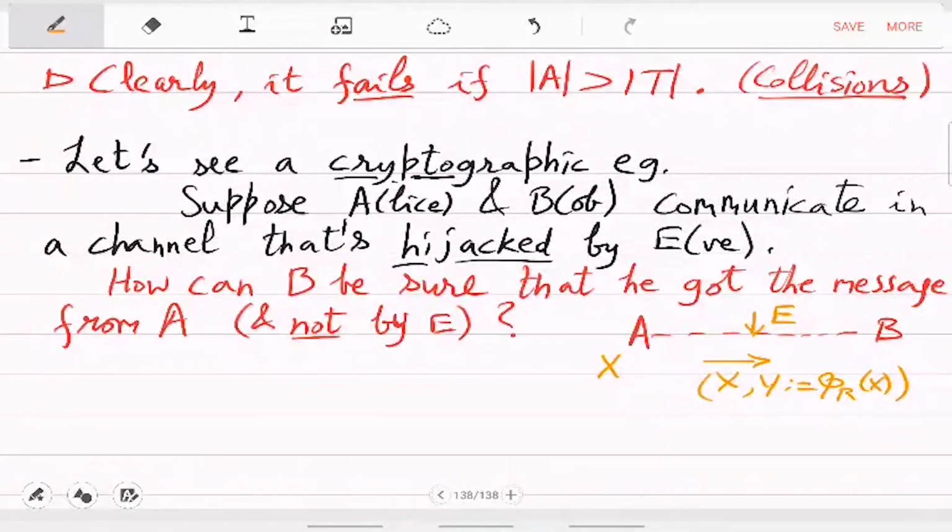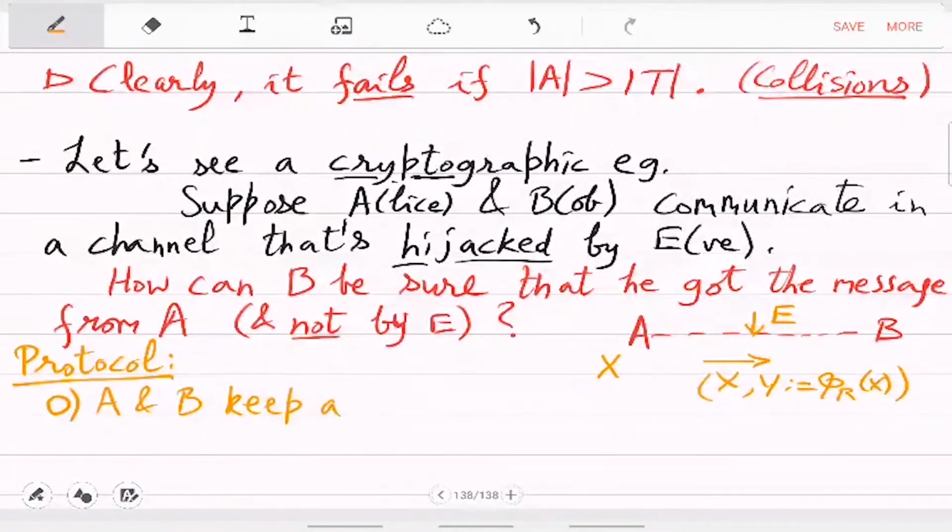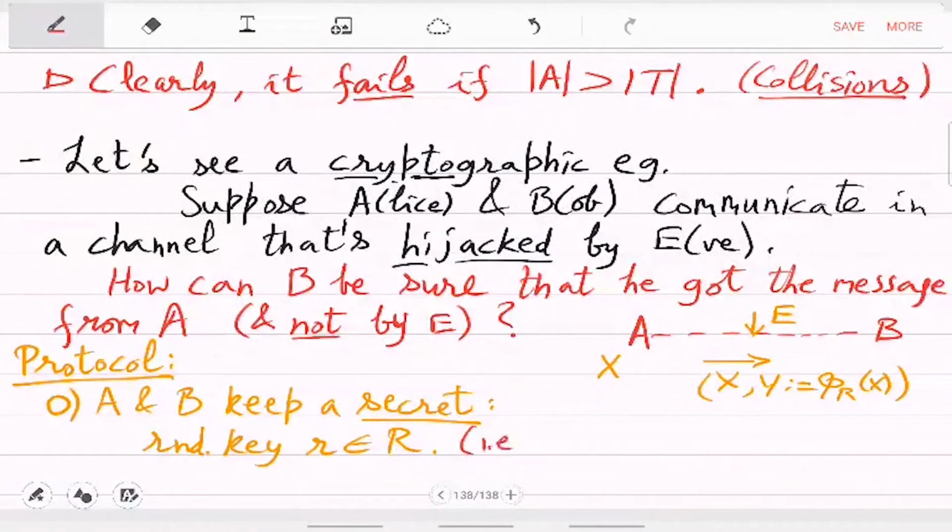So let's see the protocol. In the protocol, A and B keep a secret, a random key r, which gives access to a hash function.